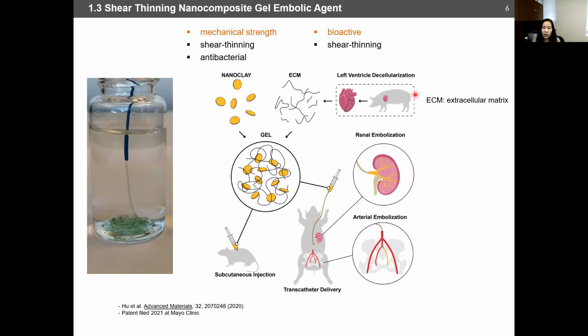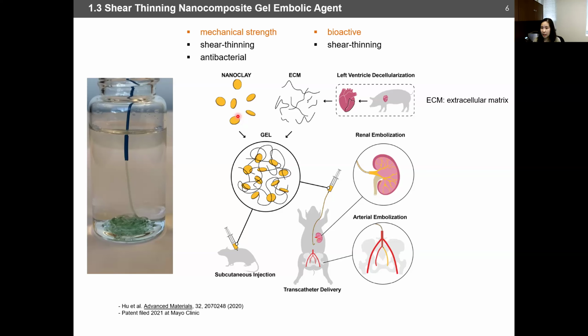And one thing we noticed is that we extracted this ECM from the left ventricle of the pig heart because there's current study showing it's pretty regenerative. That's why we picked that. But another thing is it's really soft by itself. So we wanted to increase the mechanical strength, so we introduced another artificial platelet, which is nanoclay, that has anisotropic charges on the surface and on the edge that would interact with this protein to form an electrostatic physical network that would deform and reform under mechanical force.